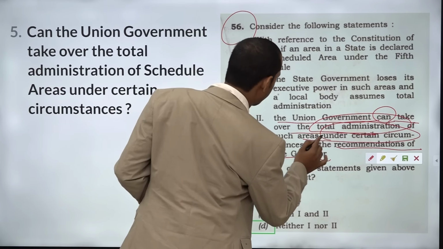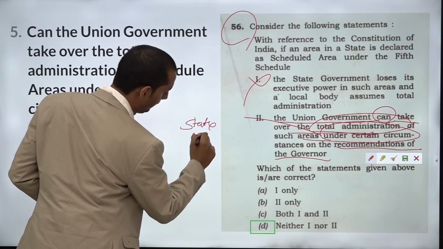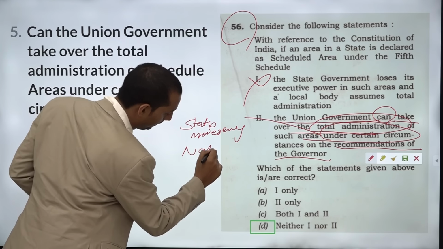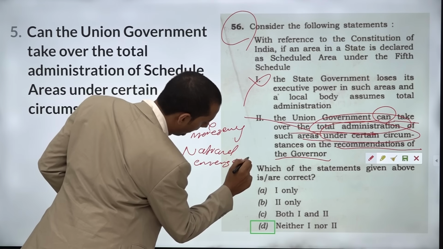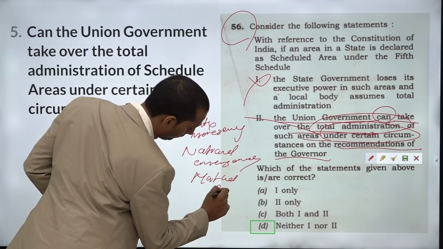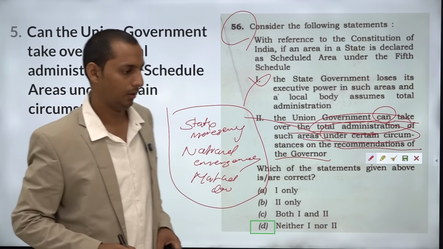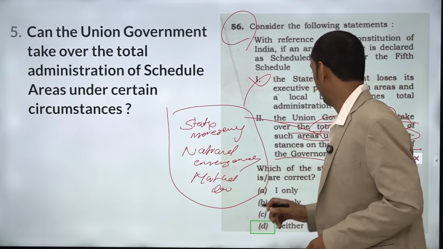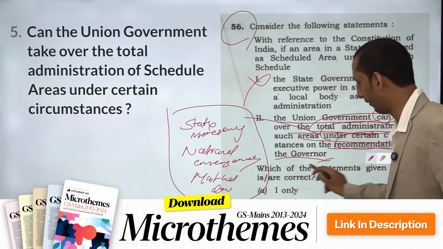Different circumstances can be either state emergency, national emergency, or martial law, right? So these are the three different circumstances. Now, UPSC here says under circumstances, on the recommendation of the governor.